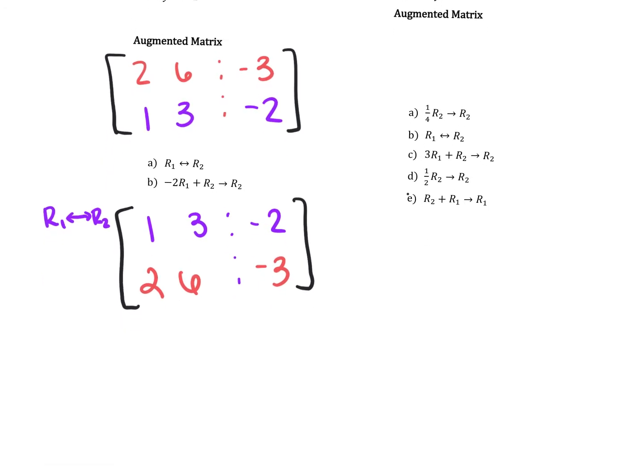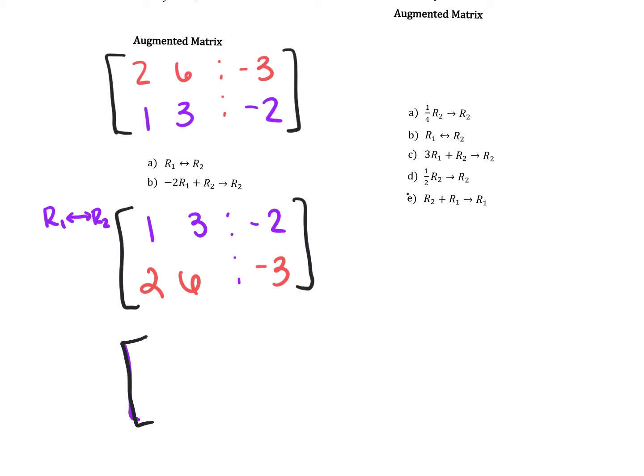To get that 0 below, here's what we're going to do. We're going to multiply this first row, R1, by -2 to make these cancel. So here's what I get. I'm not going to touch R1. R1 is going to stay the same.